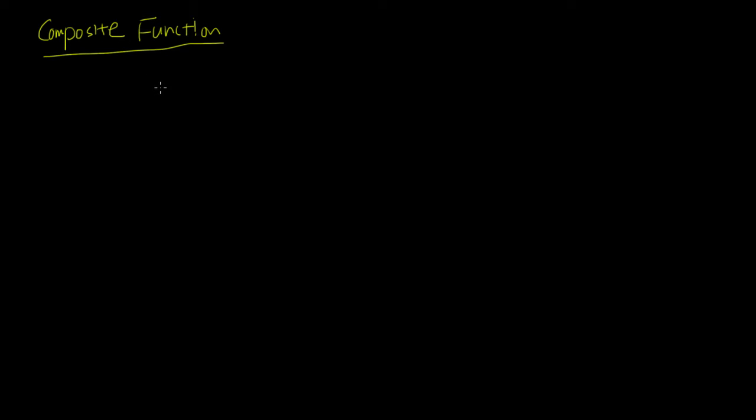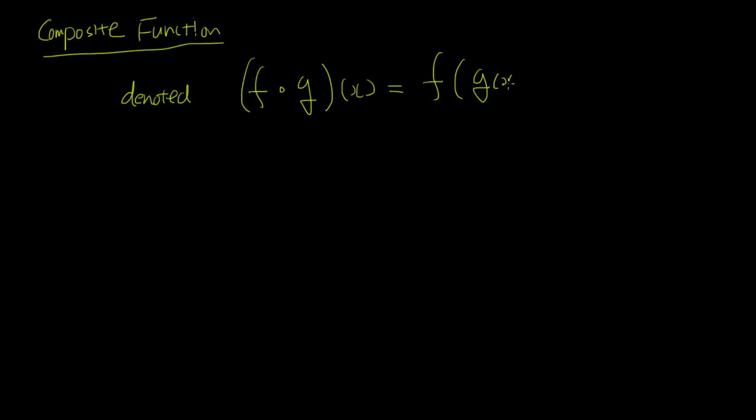So composite function basically is denoted as f composite g. So what's f composite g? This means f of g of x.